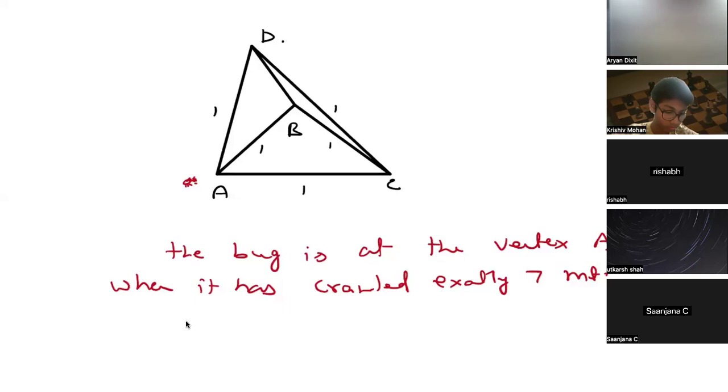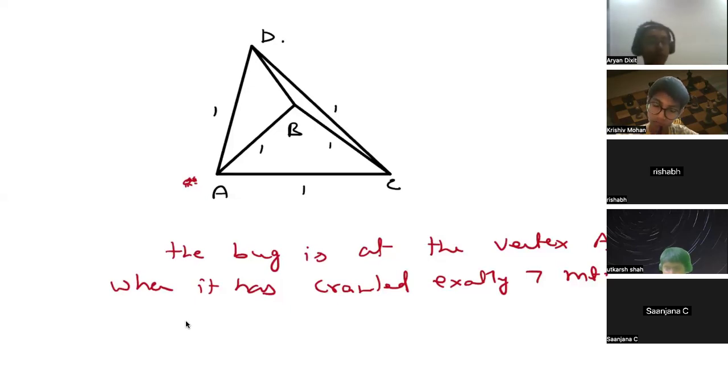Okay, let's start. Yes, Aryan, please. So what I did is that first I took two cases. Let us take that the probability that the bug is at A after K meters is Pk. To get to K meters, we have to take K minus 1 moves, right?